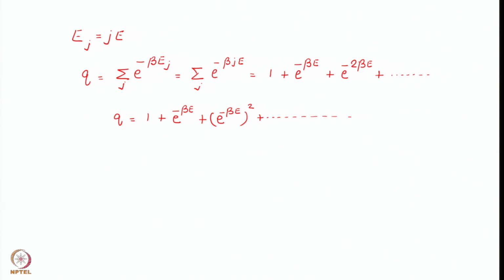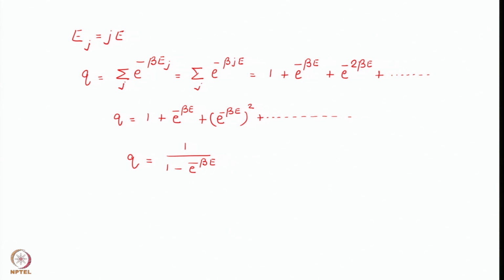This is a geometric progression series, a GP series, and the sum of the GP series is equal to 1 over 1 minus exponential minus beta E. This is the expression for the molecular partition function.